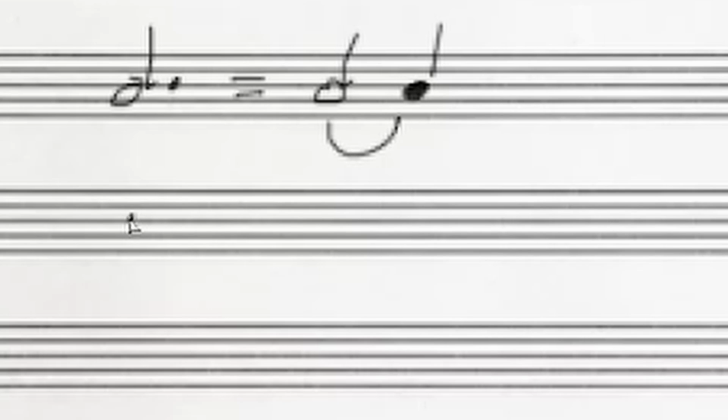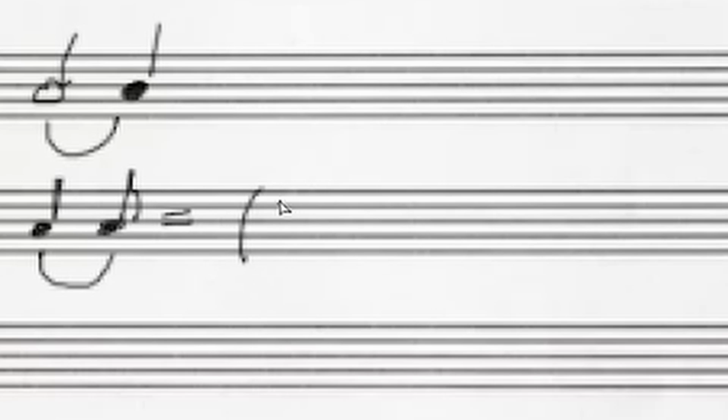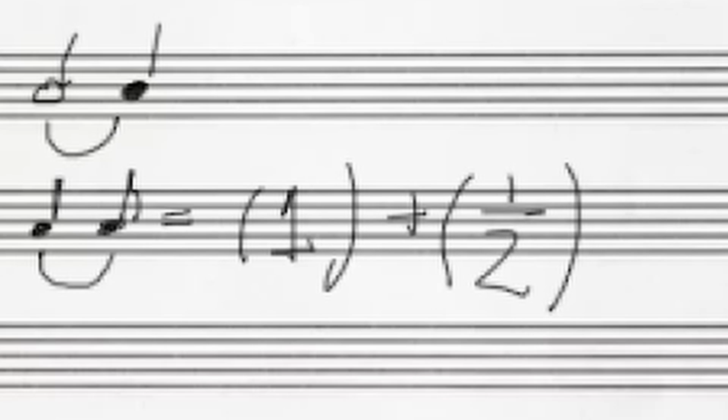So if we have a dotted quarter note, that is equal to a quarter note plus an eighth note. Which is equal to 1 plus, interestingly enough, 1/2, even though it's called an eighth note.